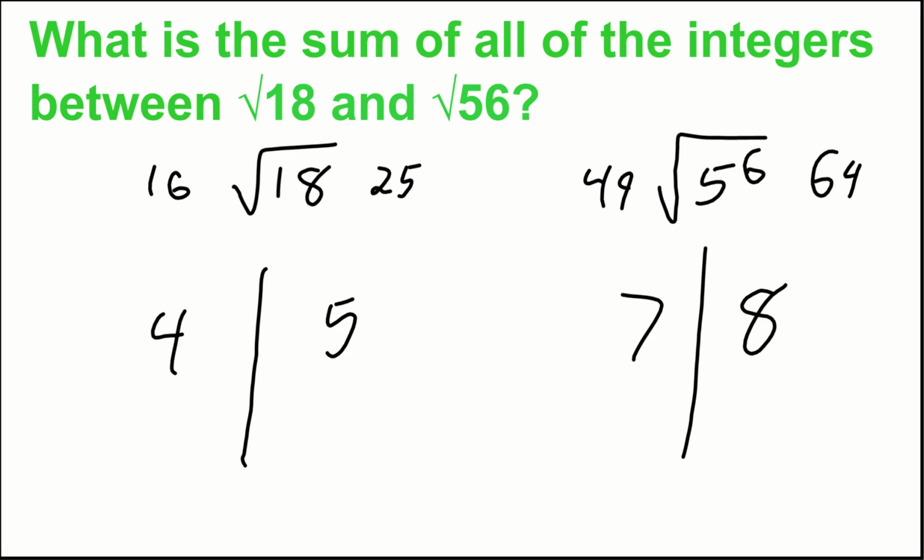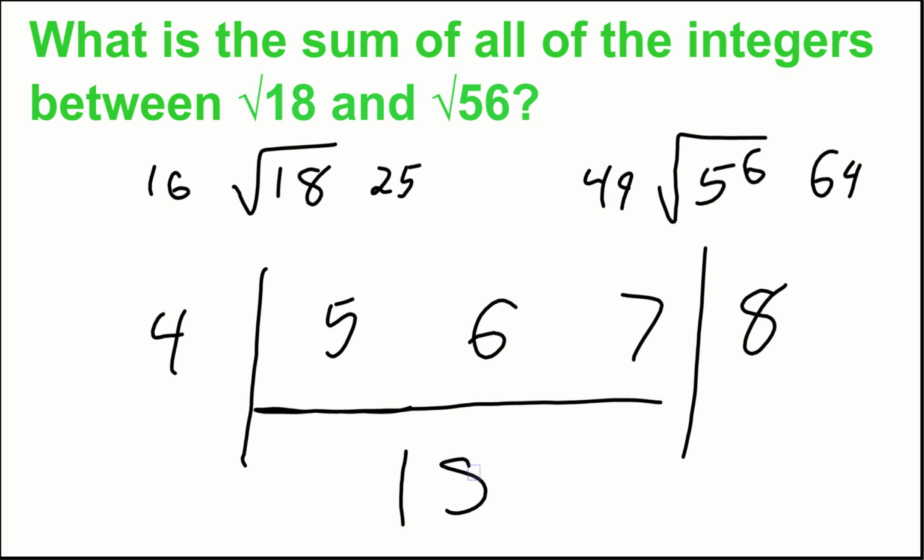When we're looking for our sum of all the integers in between, we're going in between those two lines. That's where those two lines help. What's missing? 6. We fill in any missing numbers, okay? Once we have them filled in, we're going to add them up. So, JC, what you got? 18 is correct. 5 plus 6 is 11. 11 plus 7 gives us that 18. Okay? Any questions on that one?